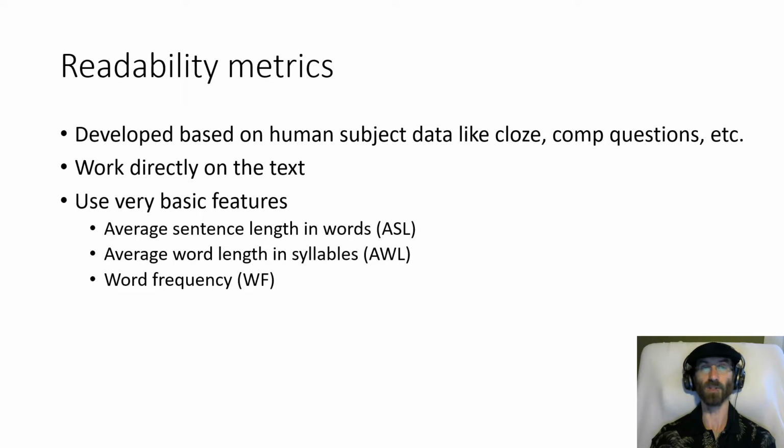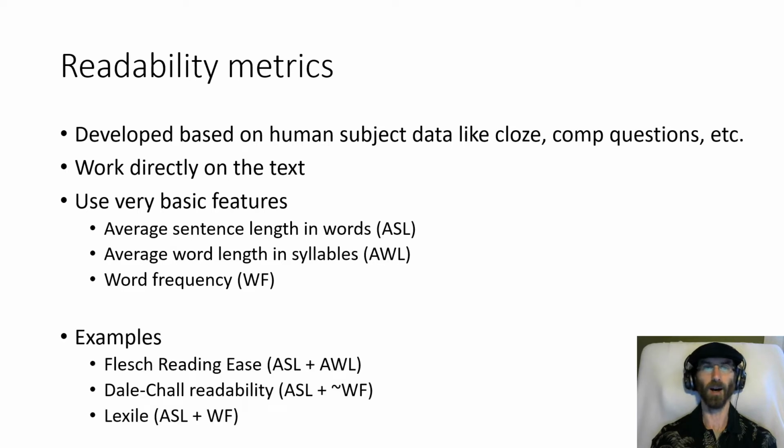So average sentence length in words, which I'll abbreviate as ASL throughout, average word length in syllables, which I'll abbreviate as AWL throughout, and then word frequency. Examples of this are Flesch reading ease, which uses ASL and AWL, Dale-Chall readability, which basically uses the same with a little twist, and Lexile, which uses ASL and word frequency.